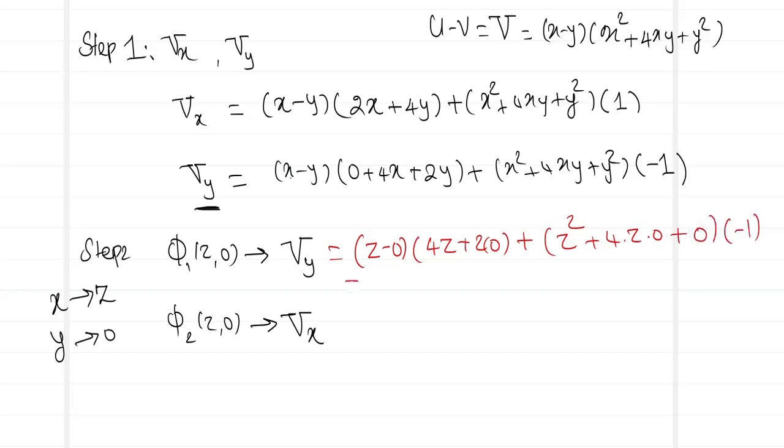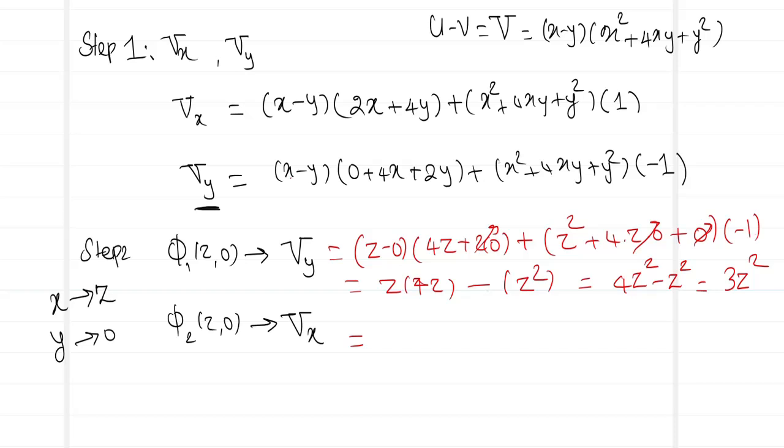So let me simplify it. It is z into 4z, this will become 0, plus this will become minus z square, and this will become 0. So I have 4z square minus z square, so that makes it 3z square. So I have got my phi 1.